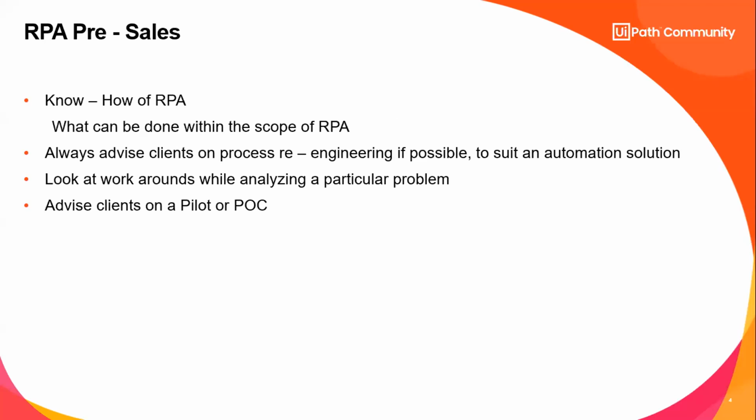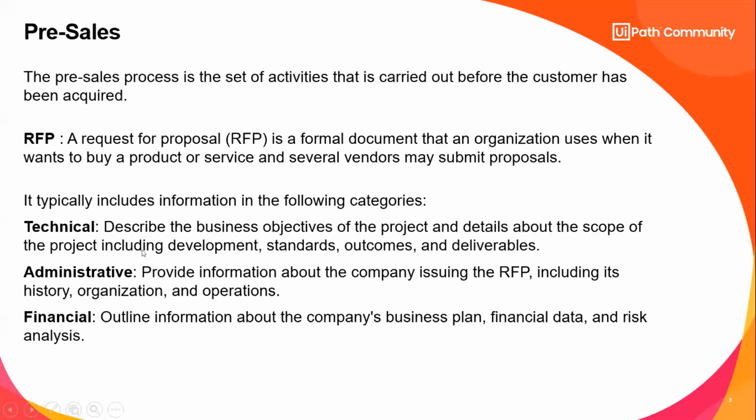Whenever we create these RFPs, we have a lot of different sections. As I was explaining in my previous slide, they are divided into three categories, and all three will have different sections. First we have our understanding of the business process, then the summary, then the requirement and the solution overview.